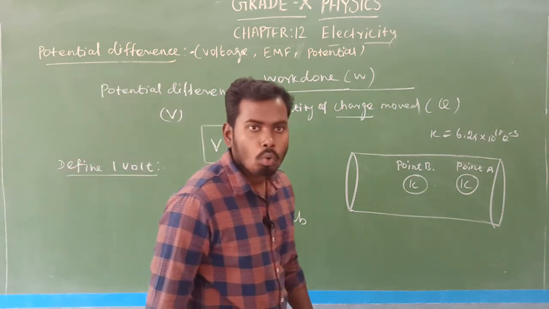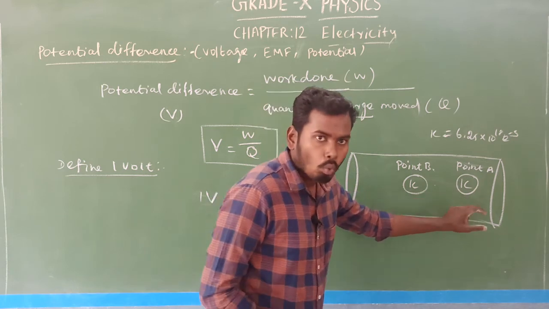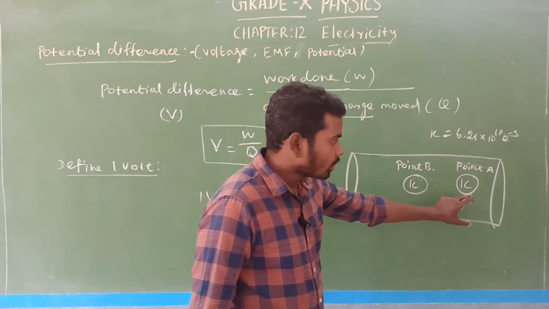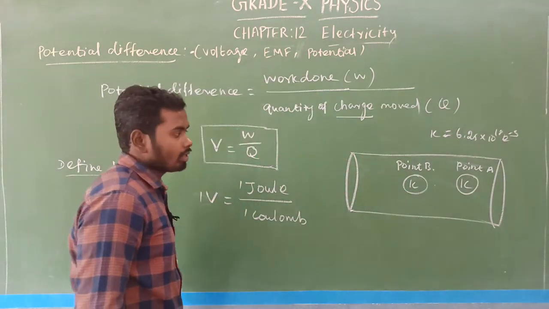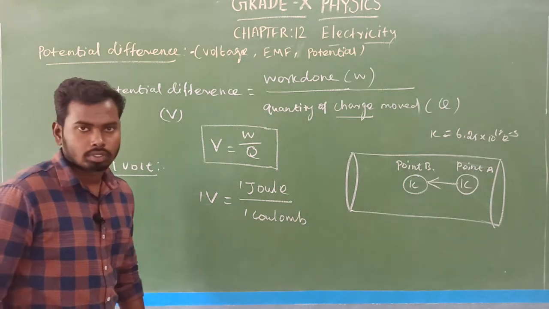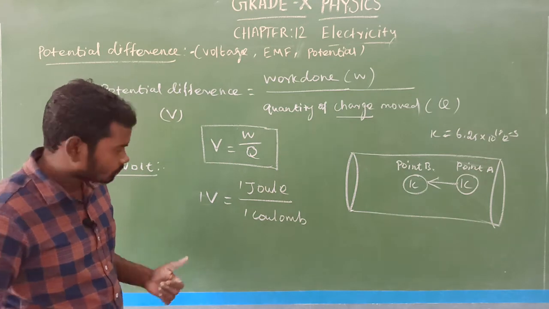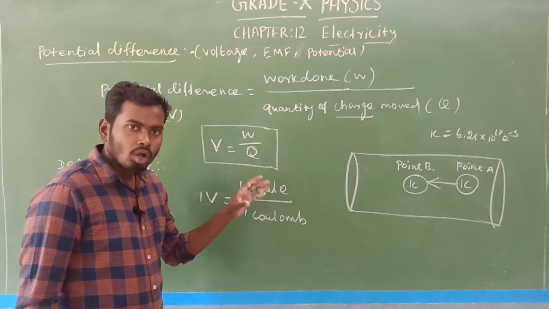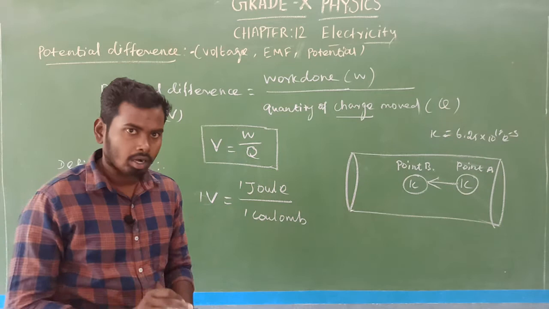So 1 joule of work done to bring 1 coulomb of charge from one point to another point is called 1 volt.